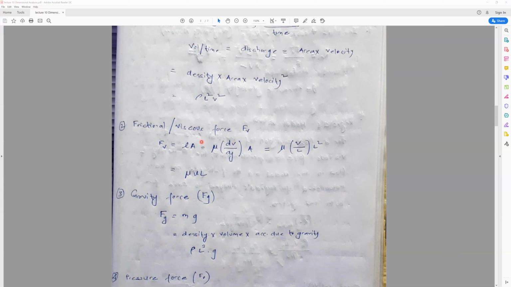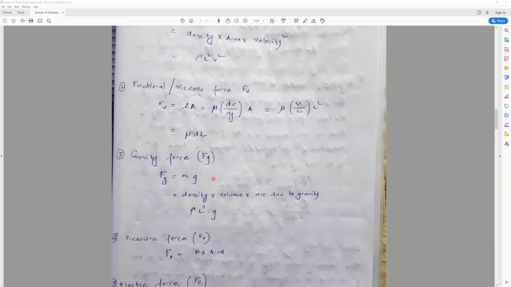The friction between these two layers is what is known as viscous force, which is expressed as tau times A. And this tau itself is the product of a coefficient times the velocity gradient, and this coefficient is the dynamic viscosity. Finally you can express the viscous force as mu, v, and l, where mu is the viscosity, v is the velocity, and l is the characteristic length.